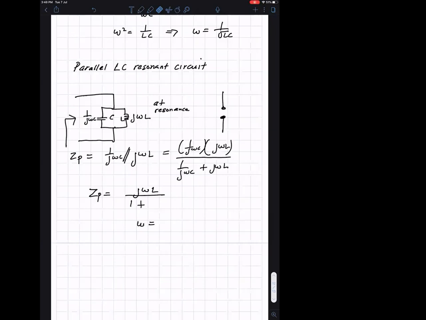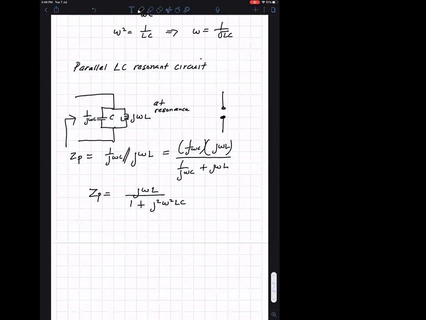So let's do it together and see what happens. Multiply top and bottom by j omega C, and you get j squared omega squared LC. Right, it's raining here.